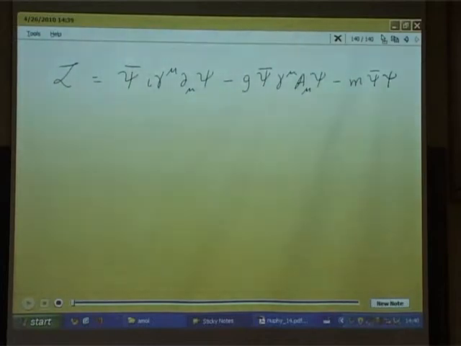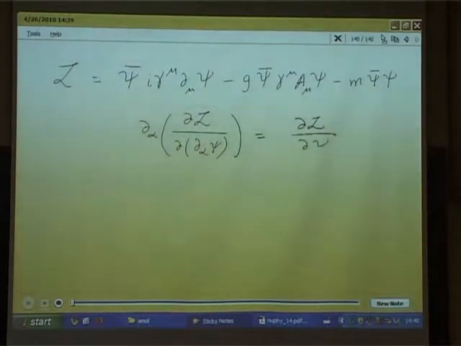The equation that we want to write is del_alpha of del L by del of del_alpha psi, equal to del L by del psi. Let's be careful.